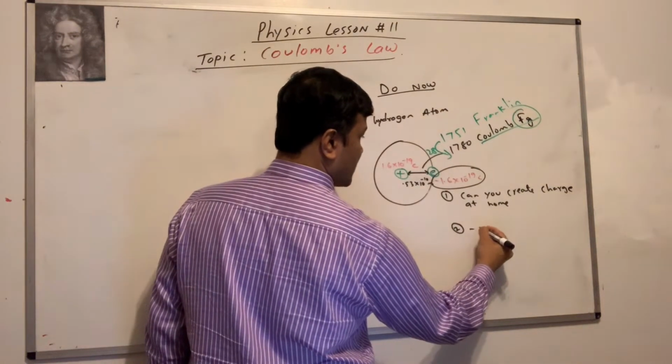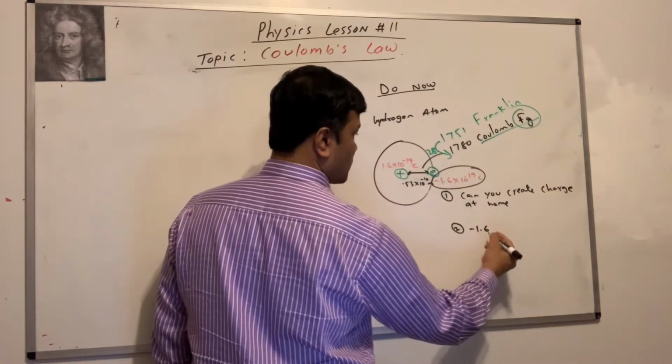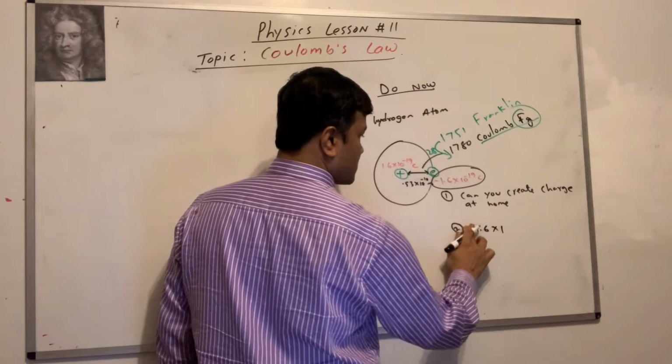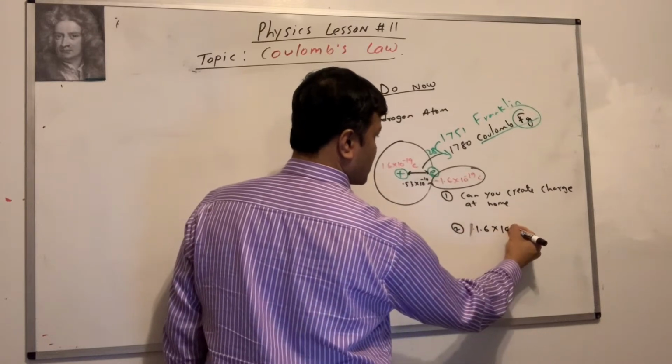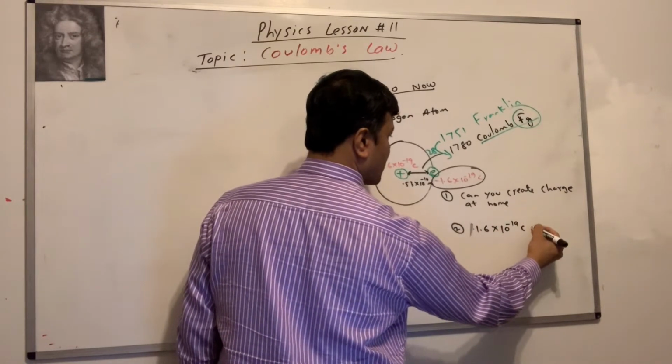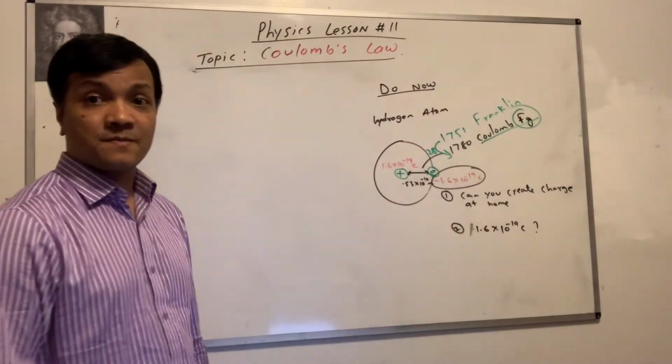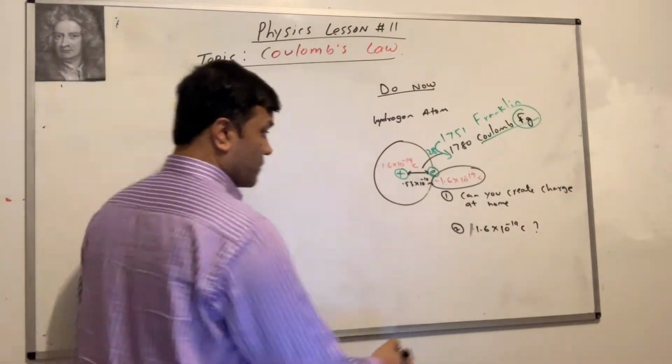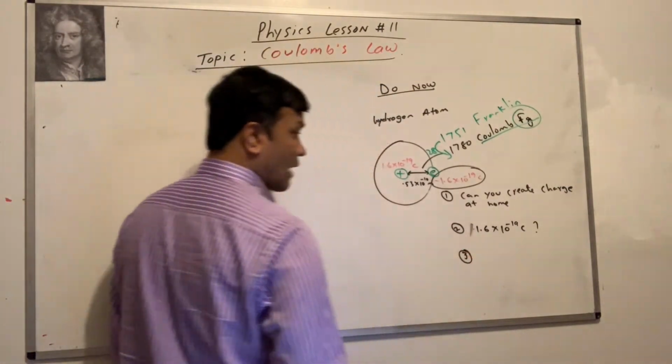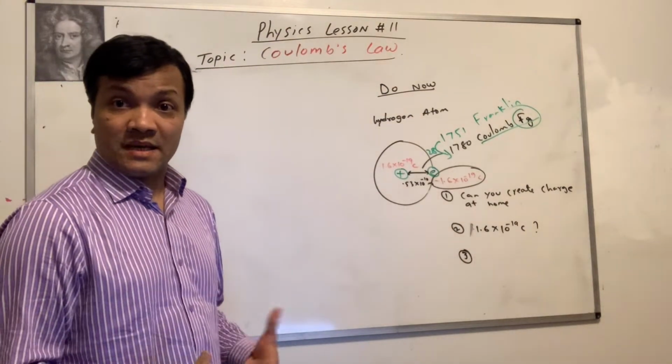Can you create negative 1.6 or positive 1.6 times 10 raised to negative 19 Coulomb? Can you create that much charge? Number three: what can you do with that charge?